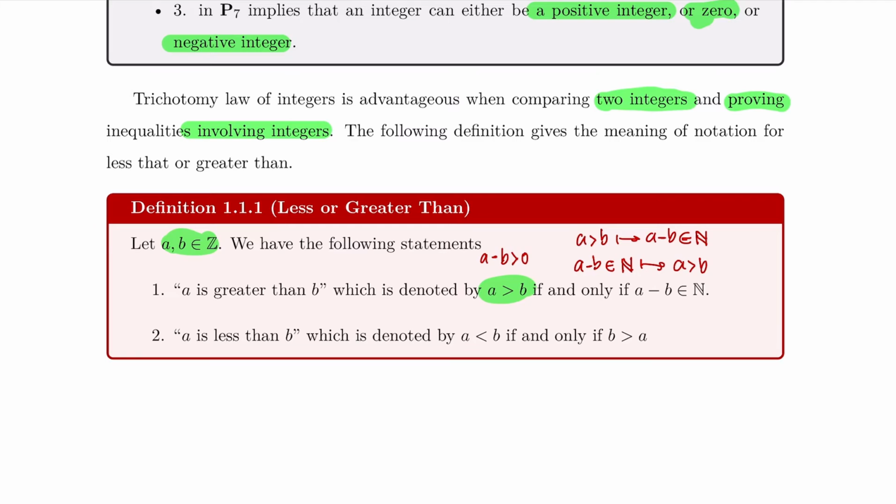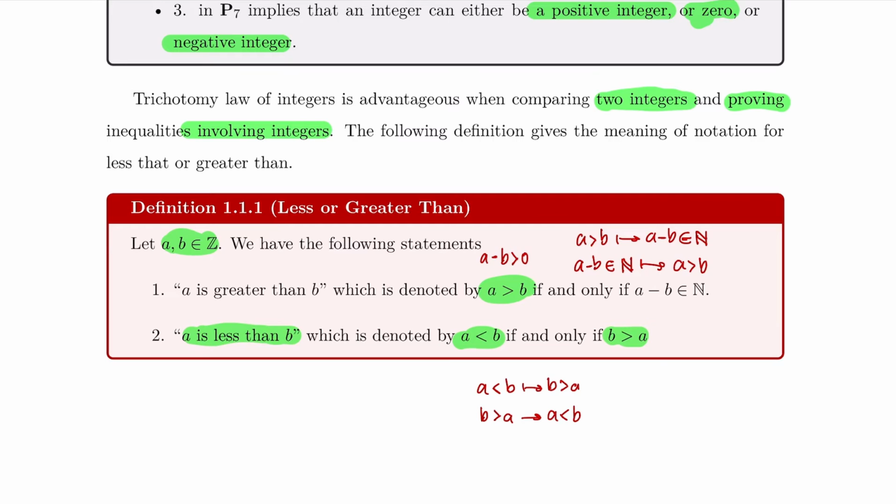Alright? On number two, less than. A less than b. What does it mean by this? If we have a less than b, we can have b greater than a. So a less than b implies that b is greater than a, or b greater than a implies that a is less than b.